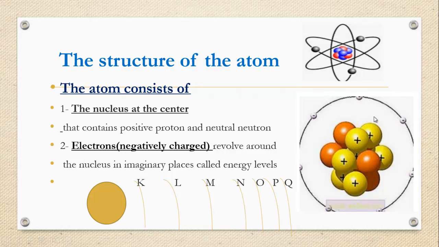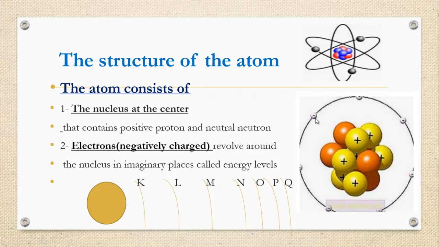Proton has a positive charge. Neutron is neutral. What's meant by neutral? Neutral means has no charge. Again, proton has a positive charge, but neutron has no charge, or uncharged. What about electrons?